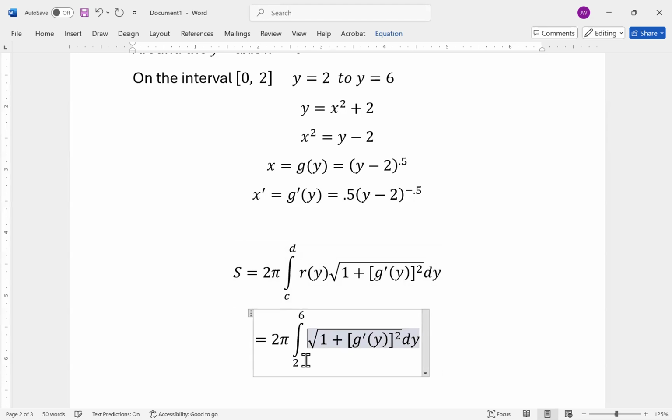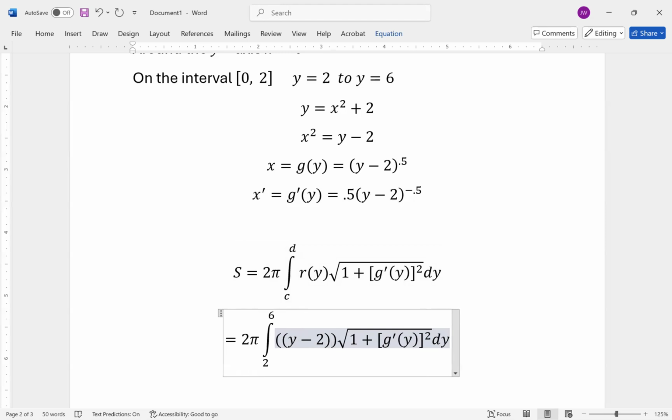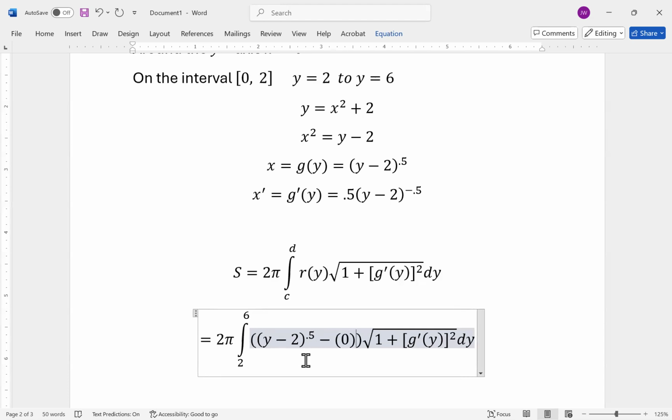We said the radius goes from my function, y minus 2 raised to the 0.5 power, down to x equals 0.